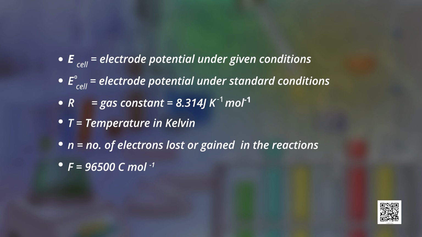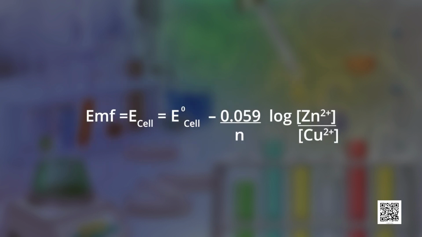On substituting the values of R, T and F, we can simplify the expression as EMF is equal to E cell is equal to E naught cell minus 0.059 upon N log concentration of zinc ions upon concentration of copper ions.